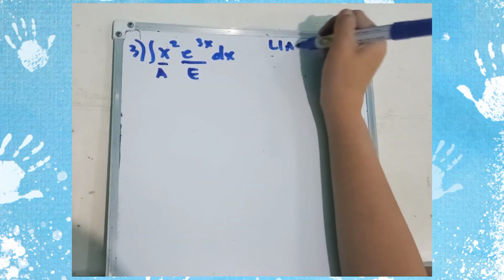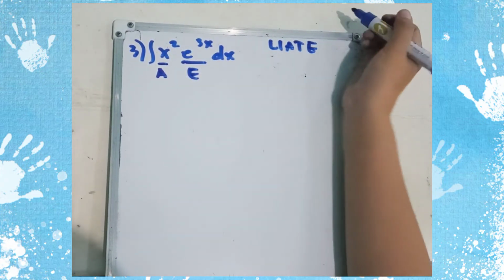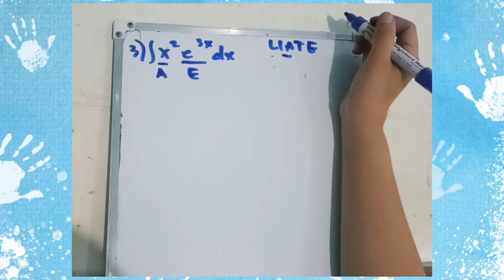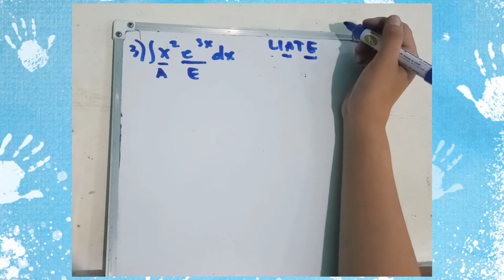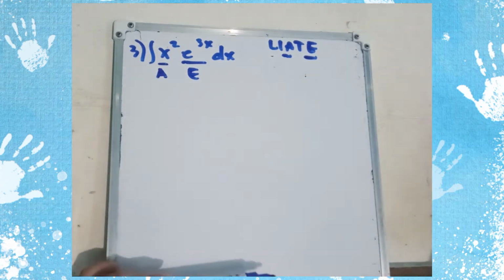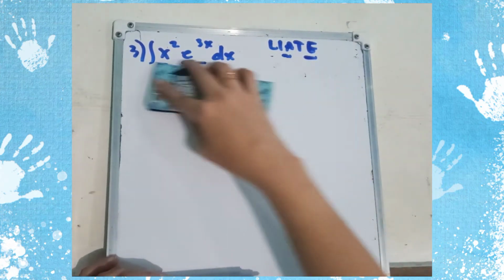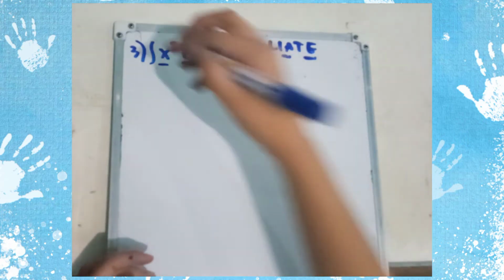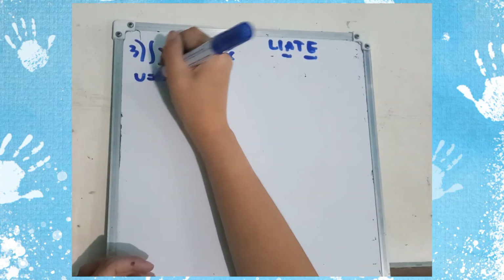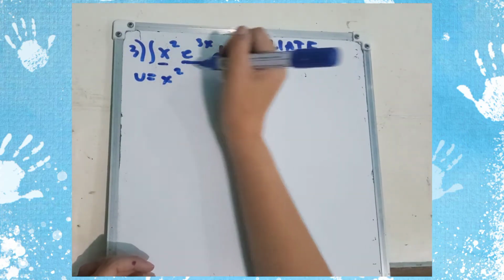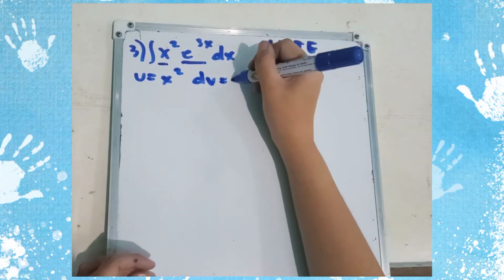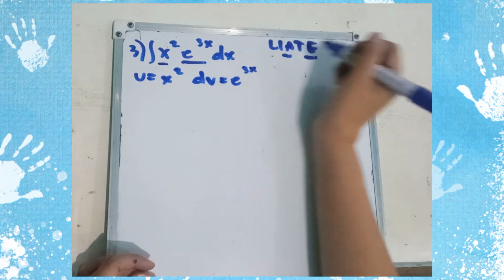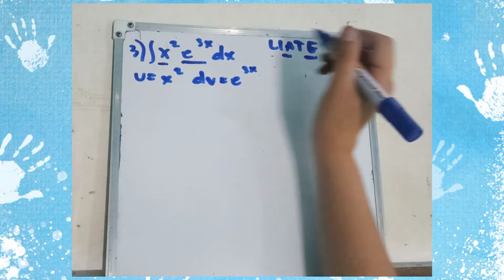Going back to LIATE, algebraic comes first, so that will be our u, exponential follows, so that will be our dv. So let u be equal to x squared, dv is equal to e raised to 3x.